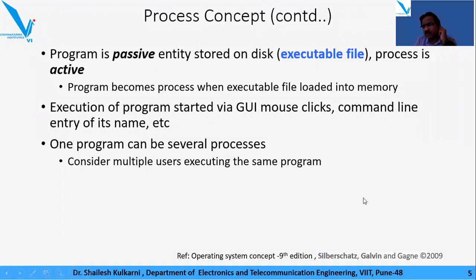Then we understood that a program is a passive entity which is stored on the disk, whereas the process is an active entity. Okay, that means last time we also saw that if I have some program in the memory, that is not essentially to be executed by the processor, or by the scheduler, unless and until it is referred to, isn't it?